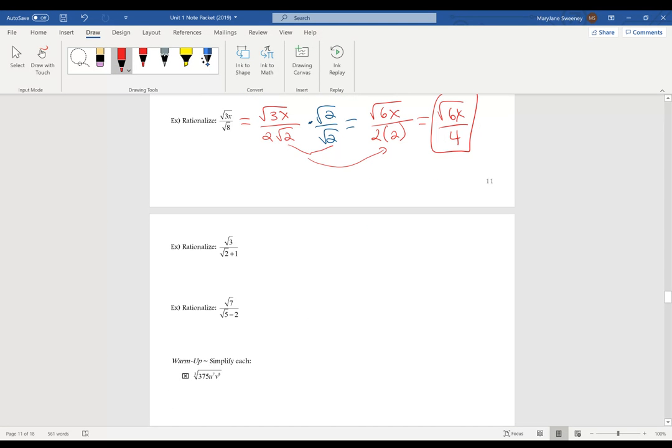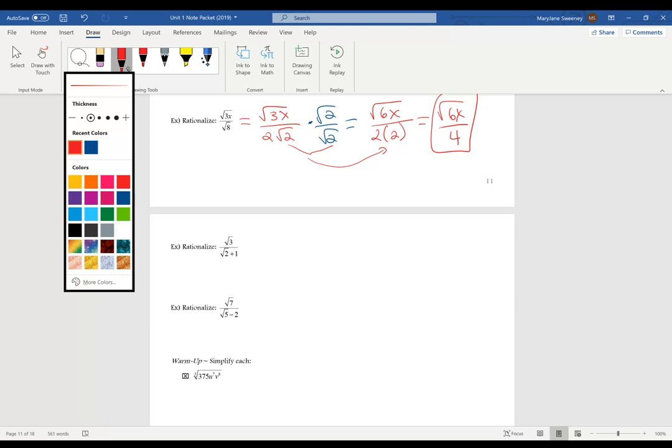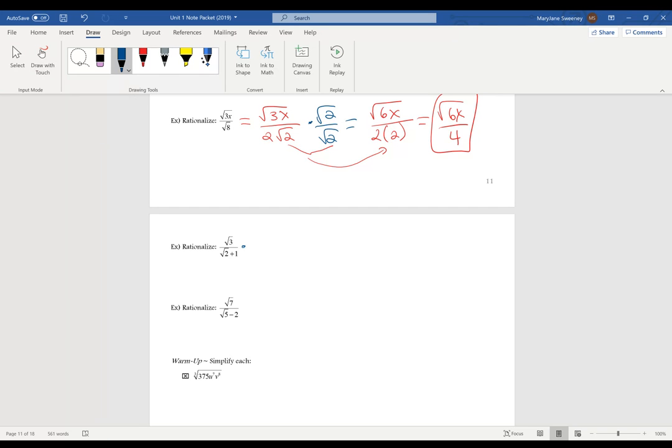Okay, I think we're just going to look at these last two here. Okay, so this is rationalizing, but we have a binomial in the denominator. So radical 2 minus 1, radical 2 minus 1.